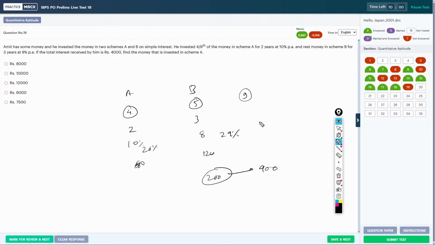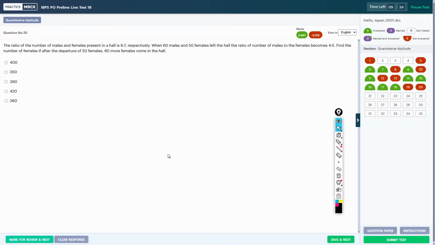So overall he got 20, 24. I don't know, but this is 4, this is 5. So total 9. So 200 by 9 is his total. This is equal to 4,000. What's going on, bro? Skip it.